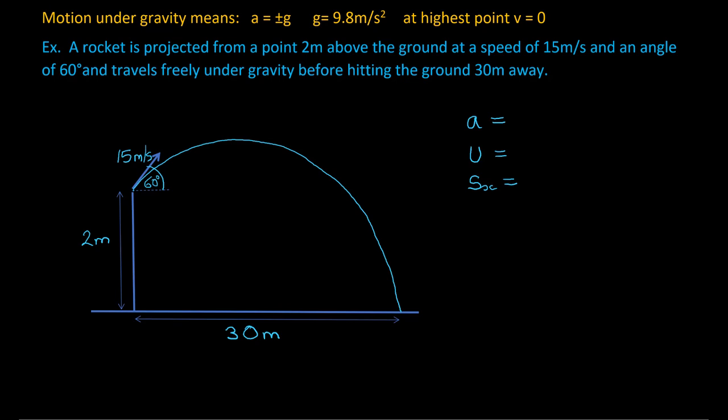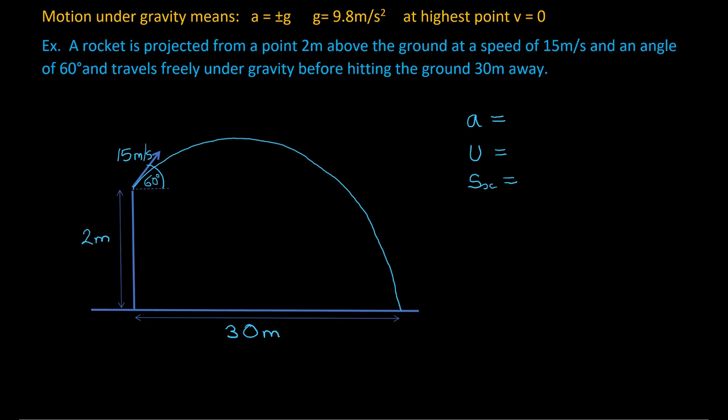A rocket is projected from a point 2 meters above the ground at a speed of 15 meters per second and an angle of 60 degrees, and travels freely under gravity before hitting the ground 30 meters away. Our acceleration is g equals 9.8 meters per second squared.